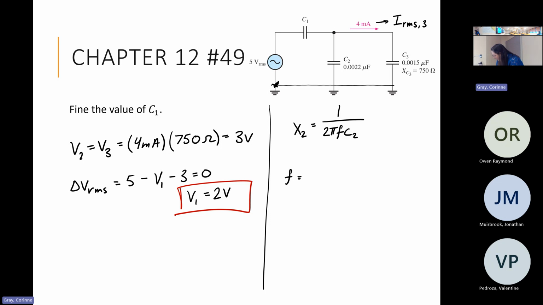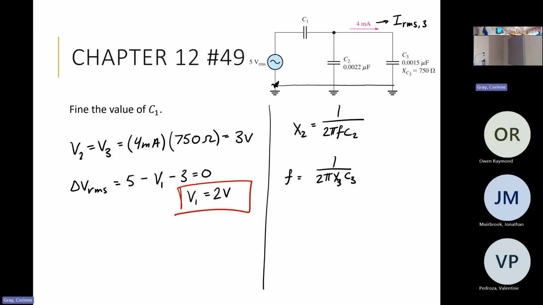I'm going to need to use X3 and C3. Hold on, I wrote that down wrong. Don't write that down, because I forgot it's in the bottom. So it's 1 over 2 pi X3 C3. That's going to give us our frequency, which we can then put into X2 to get the X2 value.